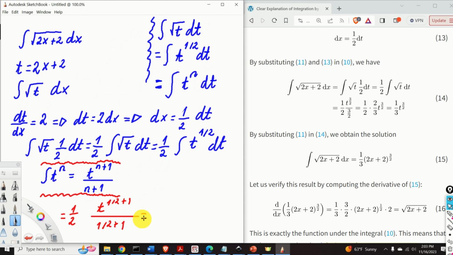And as the result, I obtain the following. I obtain 1/2, and let's see over here. I have 1/2 plus 1, that's actually 3/2. So I have in the denominator 3/2, and in the numerator I have t to the power 3/2.